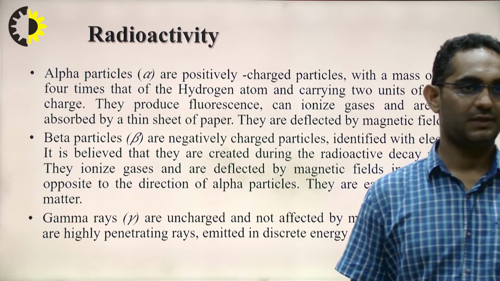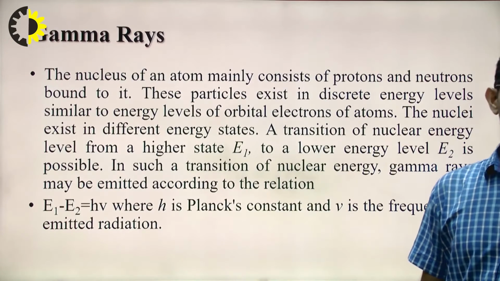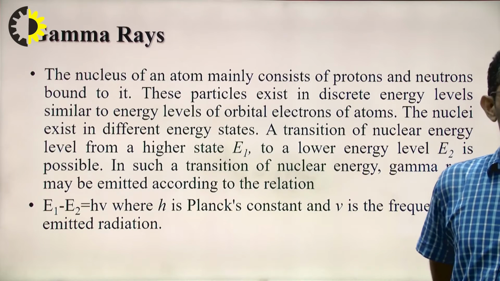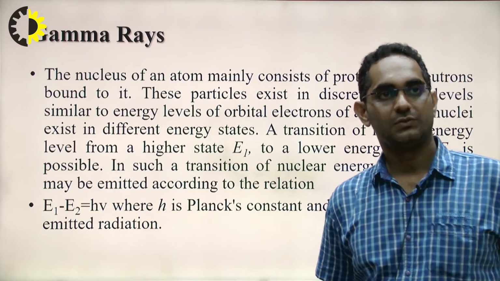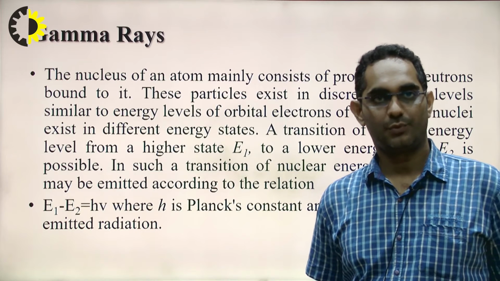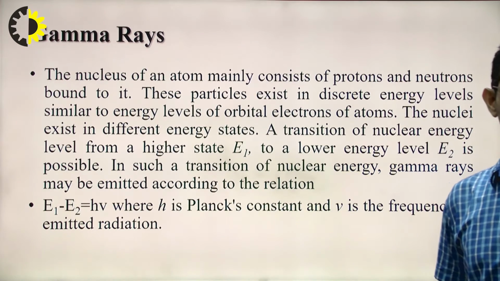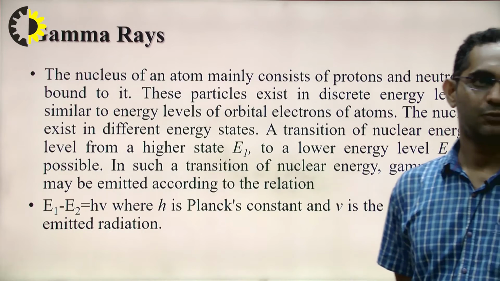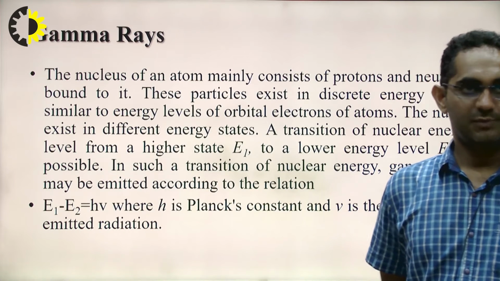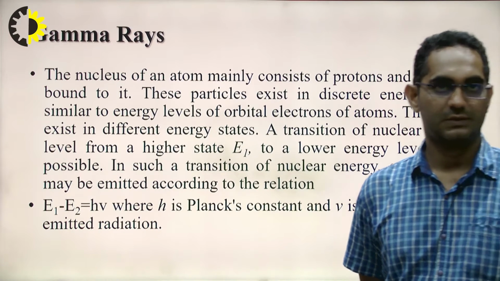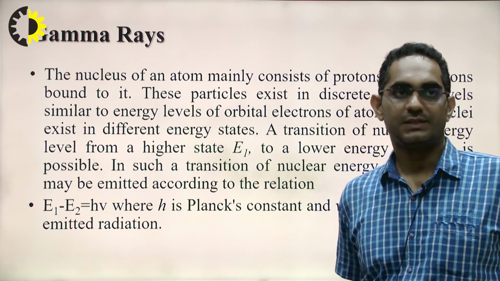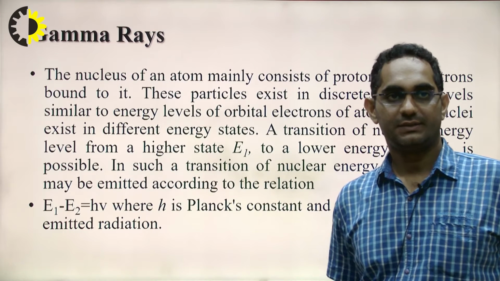Then, gamma rays. The nucleus of an atom mainly consists of protons and neutrons bound together, and these particles exist in discrete energy levels similar to the energy levels of orbital electrons of atoms. The nuclei exist in different energy states.